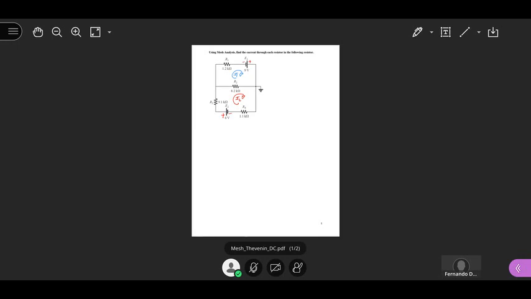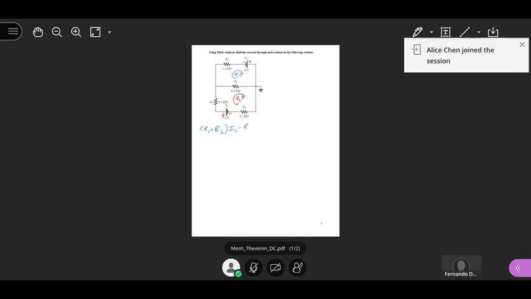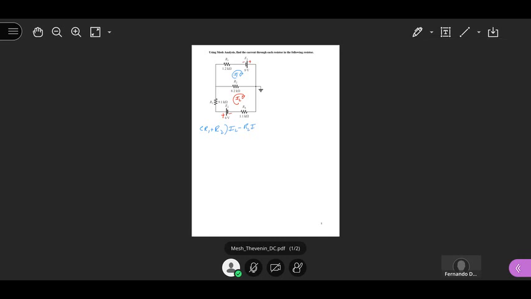So it's going to be R1 plus R2 times I1, minus the resistor that the two currents go through, in this case R2, times I2, because I1 and I2 go in opposite directions through R2. That's what happens. Equal to E1.